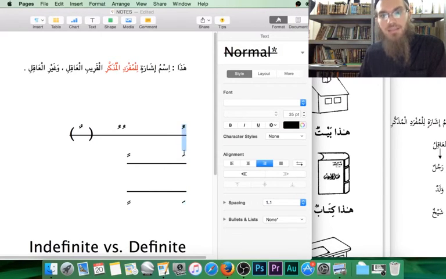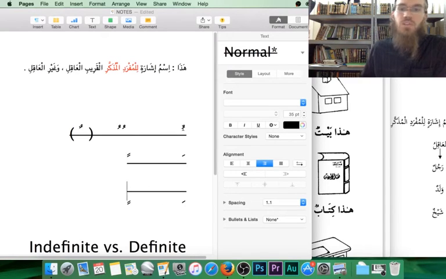The damma makes the u sound, the fatha makes the a sound, the kasra makes the e sound. And in Arabic, at the end of an ism, sometimes you'll see two dammas or two fathas or two kasras. And when there are two of each, it adds an n sound to the end of it. So u becomes un, a becomes an, e becomes in.